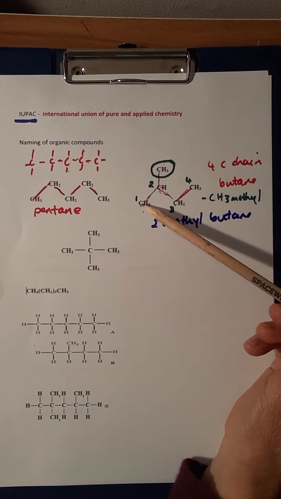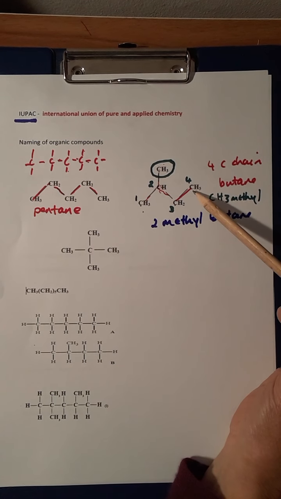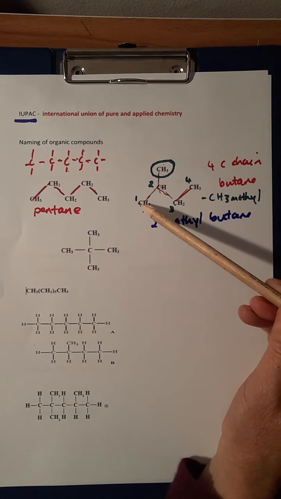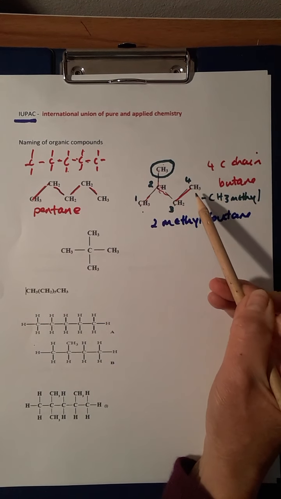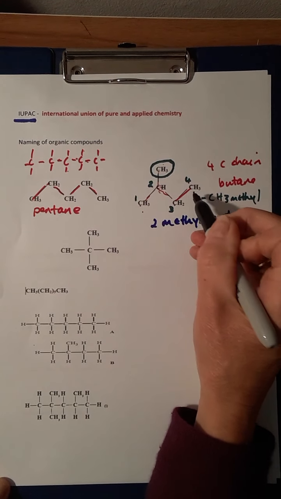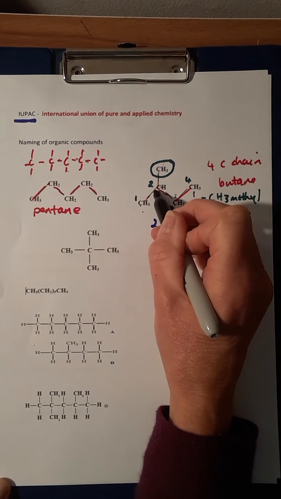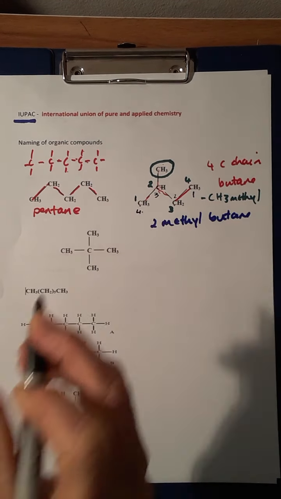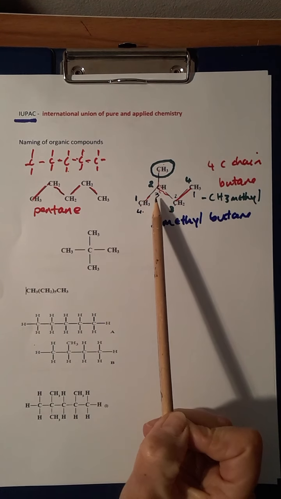Now just before we move on to the next one, I have named that carbon chain, as you can see, from left to right, 1, 2, 3, 4. If I named it the other way, then the methyl group would be attached to carbon number 3. If I said this was number 1, this was number 2, this was number 3, and that was number 4, then the methyl group is attached to carbon number 3.